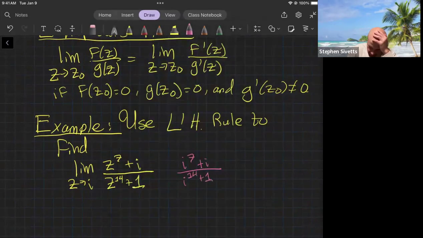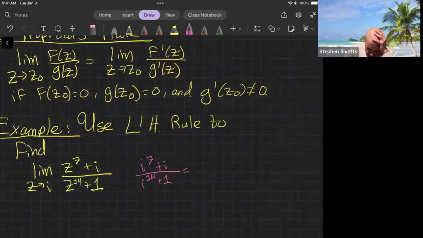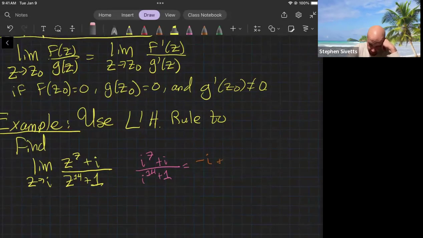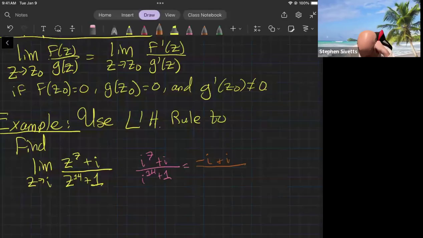To figure out whether we have i, minus i, 1, or minus 1, we take the exponent, divide it by 4, and look at the remainder. 7 divided by 4 gives a remainder of 3, so we have minus i plus i, which is 0, over i to the 14th. 14 divided by 4 is 3 with a remainder of 2, so that's minus 1.